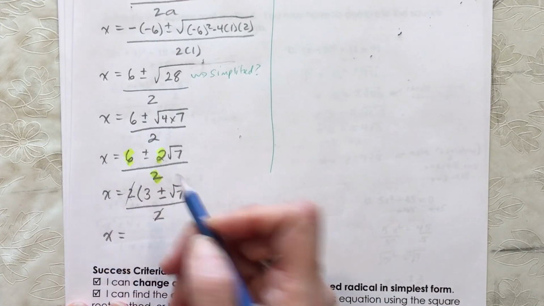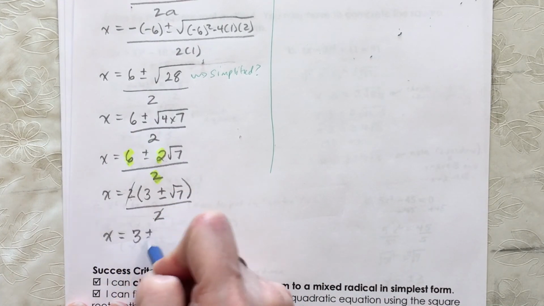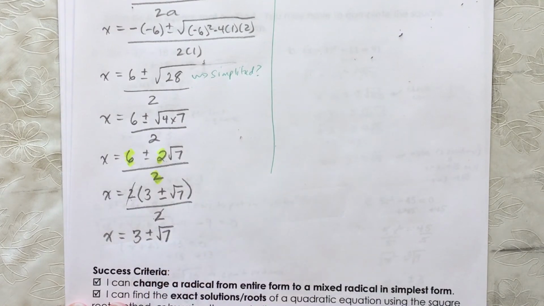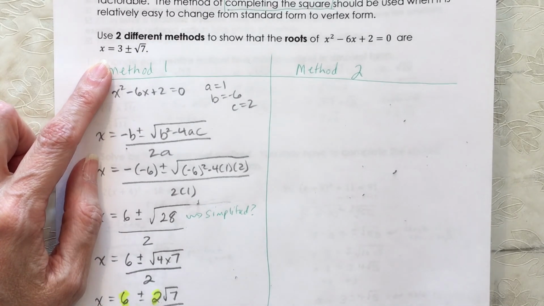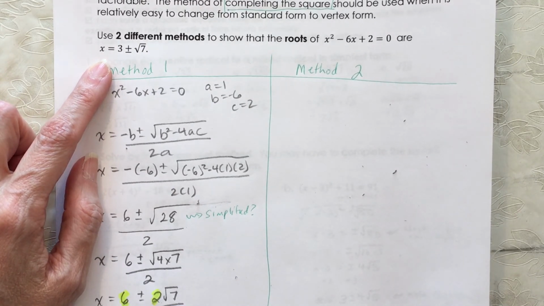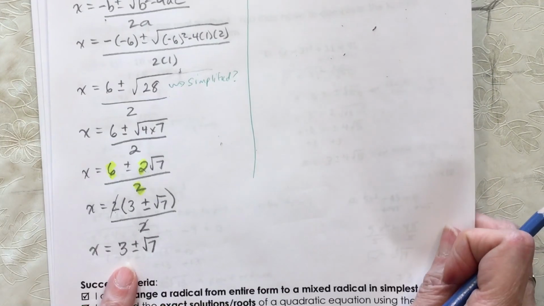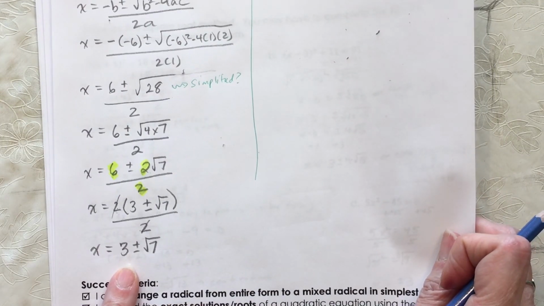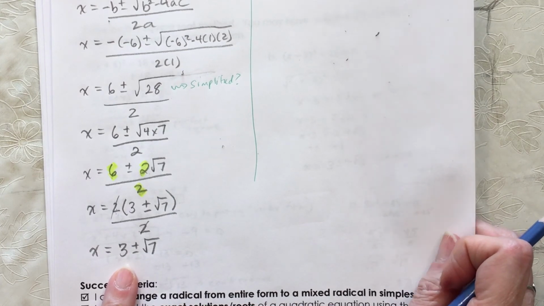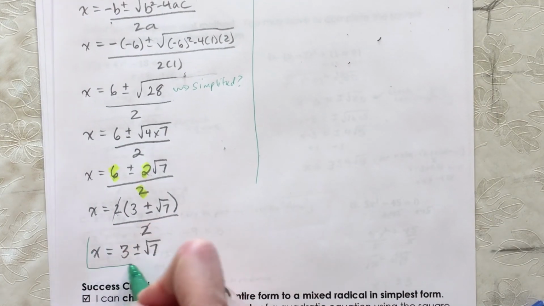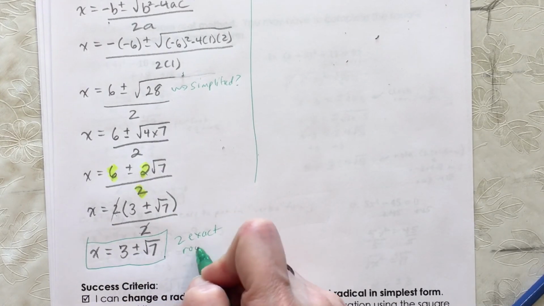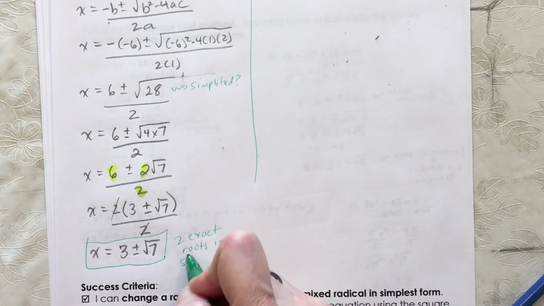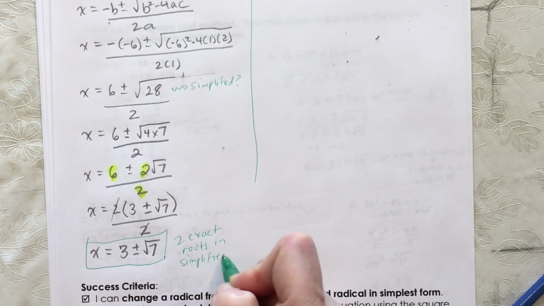Ending up with x equals 3 plus or minus root 7, which if you look at the beginning question, it wanted me to use 2 methods to show that the roots of the quadratic equation, or the solutions, were x equals 3 plus or minus root 7. So we did that using the quadratic formula. Again, these are 2 exact roots in simplified form.